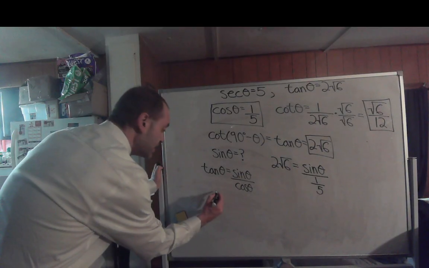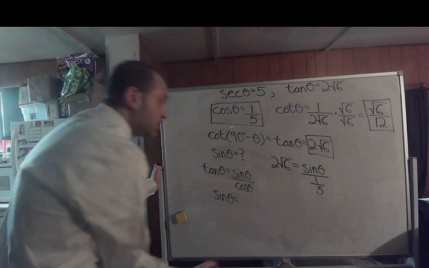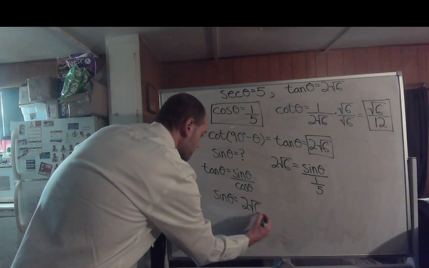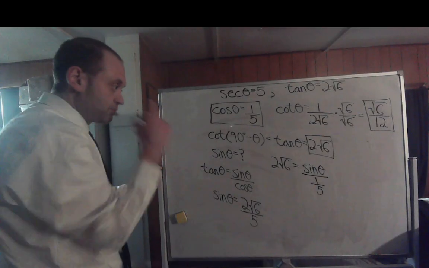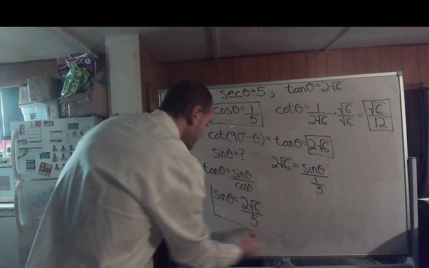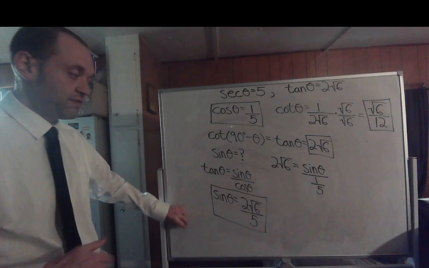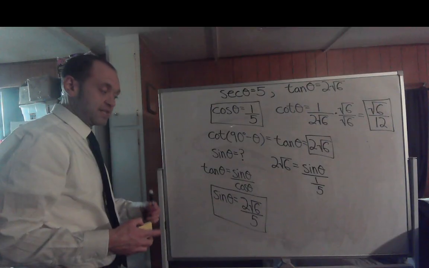You would end up getting that the sine of theta would equal 2 times the square root of 6 over 5. So your sine of theta would equal 2 times the square root of 6 over 5. So yes, sometimes you have a little bit of algebra mixed in with your trig.